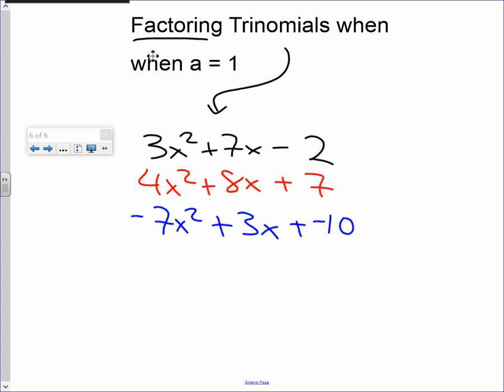Last one I'm doing green: negative 10x squared plus negative 8x plus negative 6. Okay, I got a black, red, blue, and green trinomial. I can keep going, but I'm going to stop. I think that's enough for our notes for now.